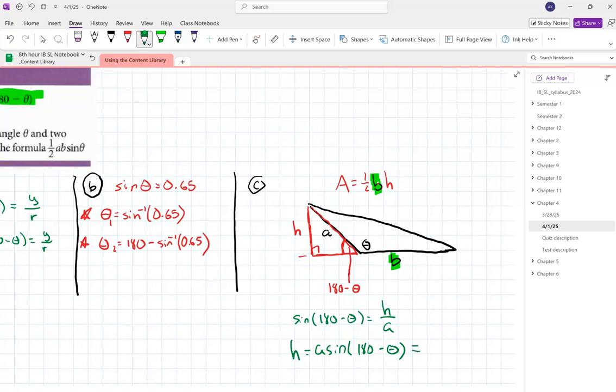And from part A, I know that is the same thing as just sine theta. So if I plug that in, then I have 1/2 B and then A sine theta.